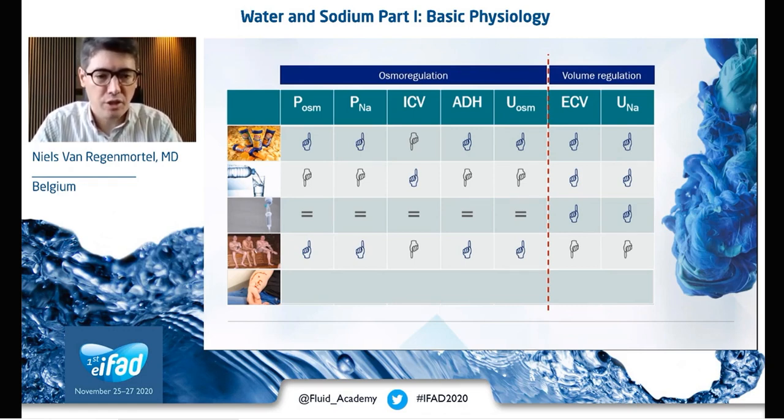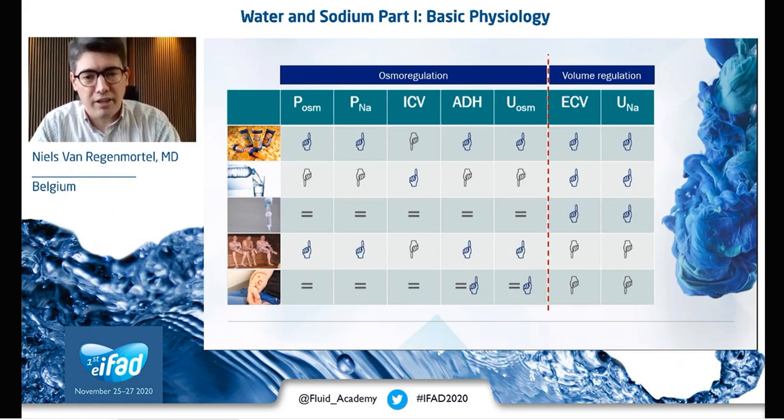The final situation is where we lose isotonic fluid, for example, in hemorrhagic shock or in trauma. What we now see is that plasma osmolality will not be affected, plasma sodium will not be affected, intracellular volume will not be affected, so ADH will not be affected at first. But as I showed you on the earlier slide, ADH will kick in because of the prioritization of hypovolemia over plasma osmolality, so eventually ADH will kick in, causing urinary osmolality to increase.